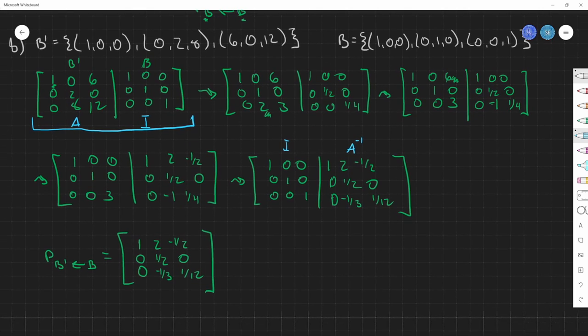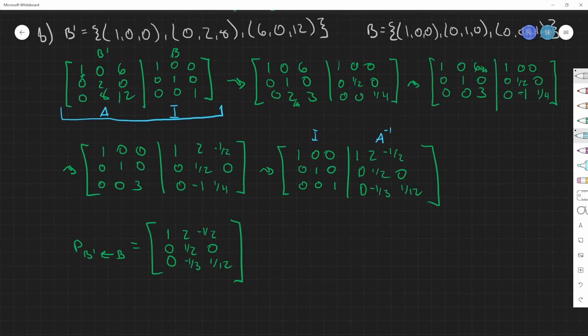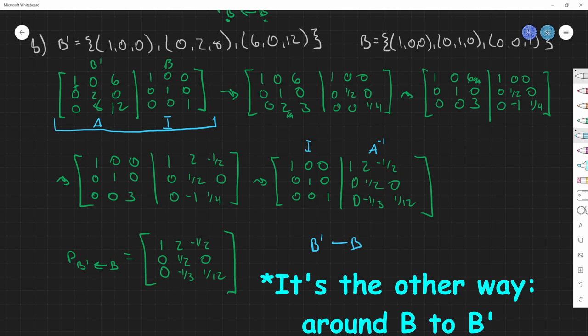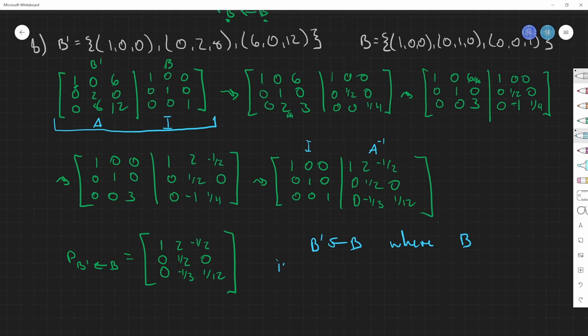So what we can say here is, if you're going from B prime to B, where B is the standard basis, well, we can just say that our translator here is just equal to the inverse of B prime.